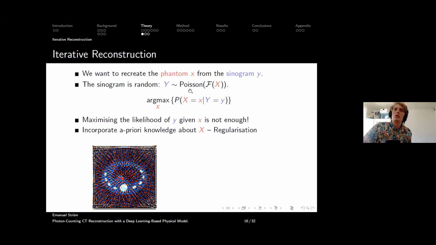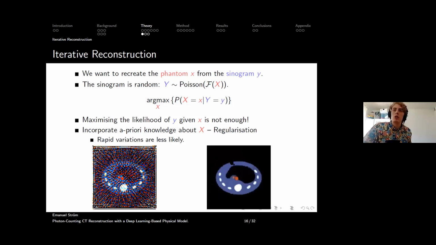This essentially entails incorporating prior knowledge about the phantom, about how it's supposed to look. Traditionally we do this by saying that these types of rapid variations should be less likely to be seen in the final image. When we do this, we get a reconstruction that is much more realistic.